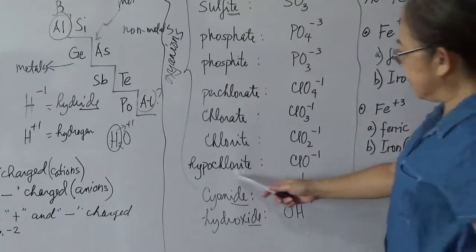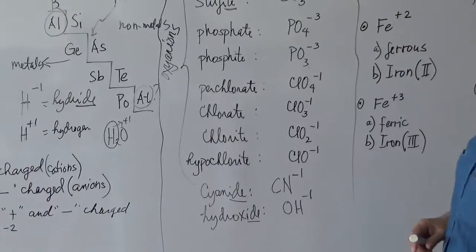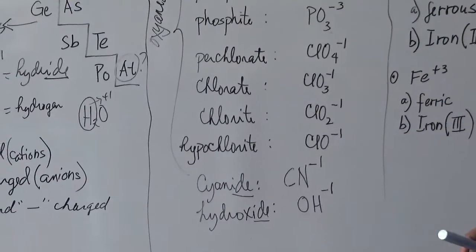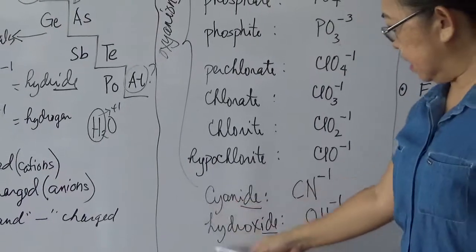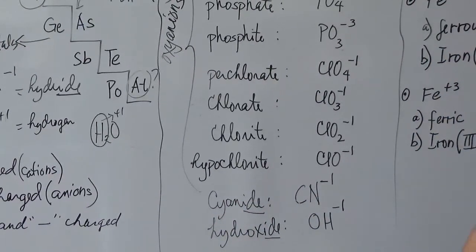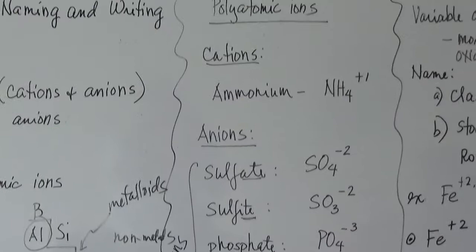These are examples of polyatomic ions which end with IDE. We will be discussing this one in naming binary compounds. Okay? So these are examples of polyatomic ions.